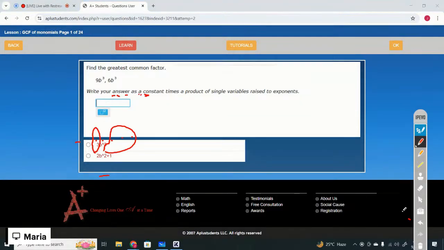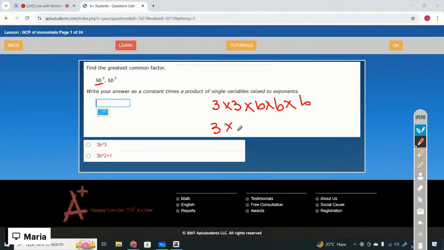So let's just factor out. We can write this 9b cube as 3 times 3 times b times b times b. And this 6b cube can be written as 3 times 2 times b times b times b.